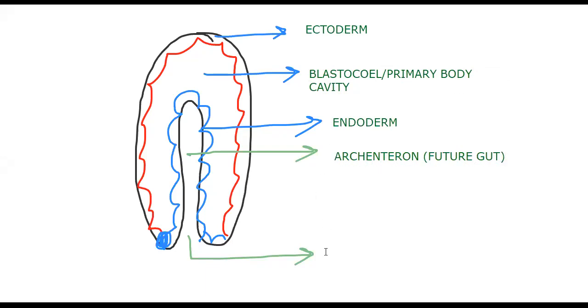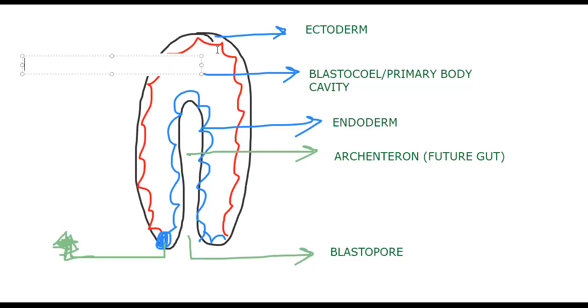The opening present here is called the blastopore. From here, the mesoderm is going to come. So that location we need to state. This is ectoderm, the red one is ectoderm. Then the blue one is endoderm. So how do we locate this?